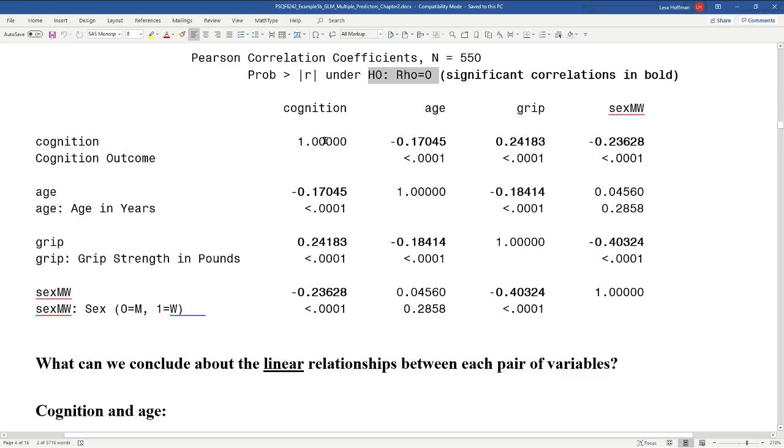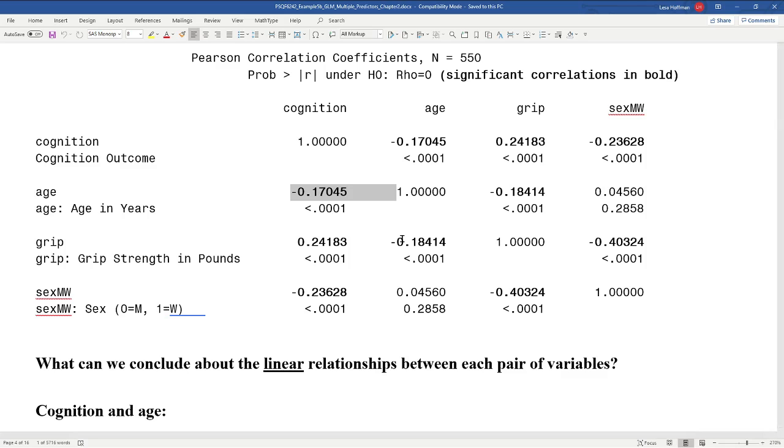The information above the diagonal, so to speak, is exactly the same as the information below. So we can look at one or the other. Below the diagonal is where we are here, so let's stick with that. The correlation between age and cognition is minus 0.17.